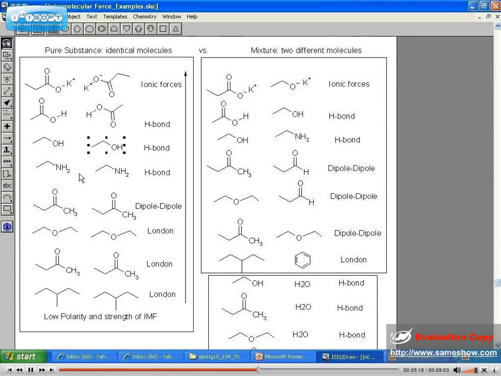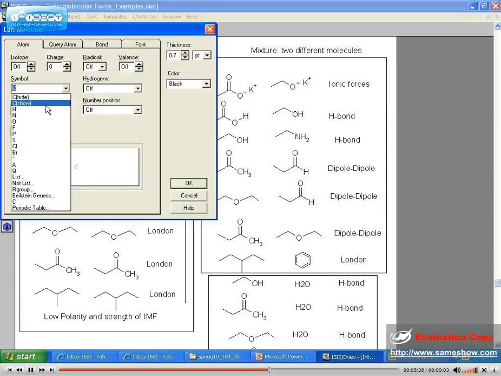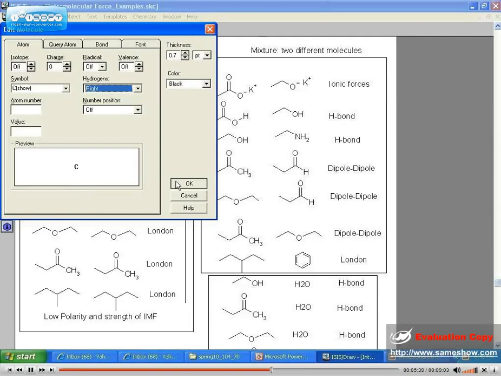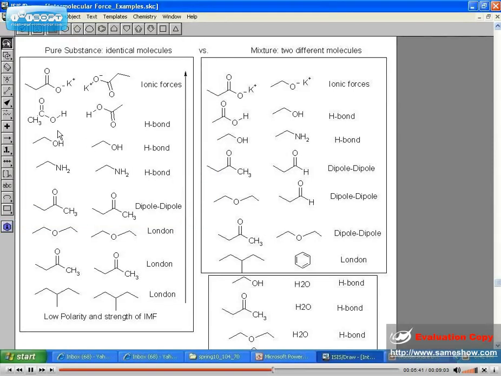They may not be drawn, but you should know if they do occur or not. Also, we're focusing on whether you have a hydrogen that's directly attached. So technically, in this molecule right here, if I were to show it in condensed form, yes, there are hydrogens attached to the carbon, but they're not directly attached to this oxygen over here. Only this hydrogen is. So please, we're only looking at specific hydrogens attached to a nitrogen, oxygen, or fluorine as we figure out if it should be classified as hydrogen bonding.